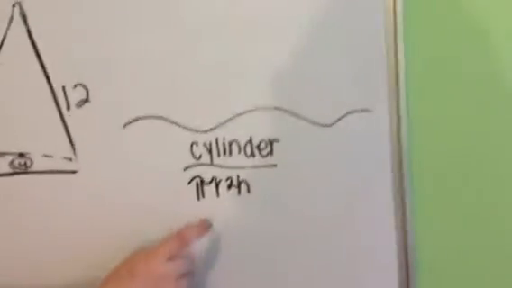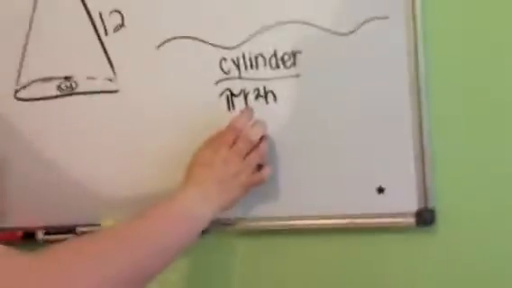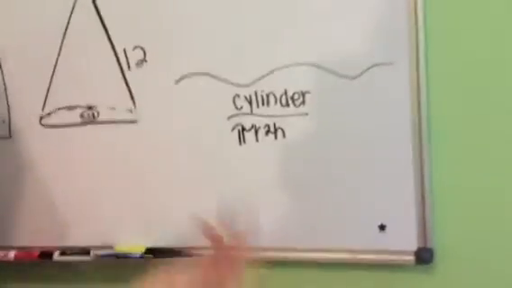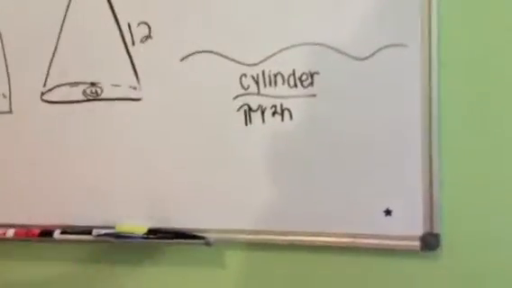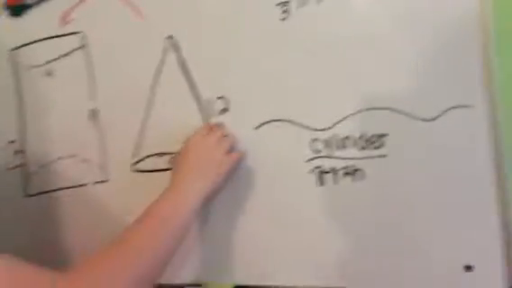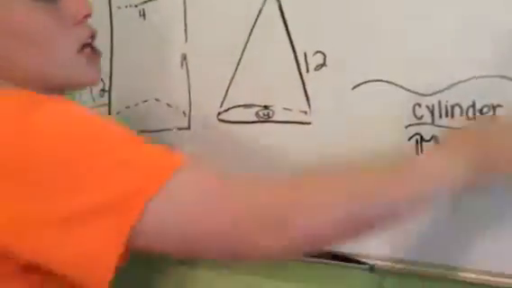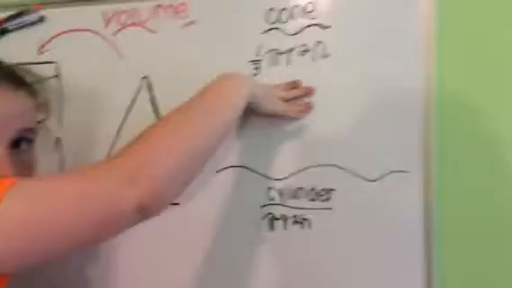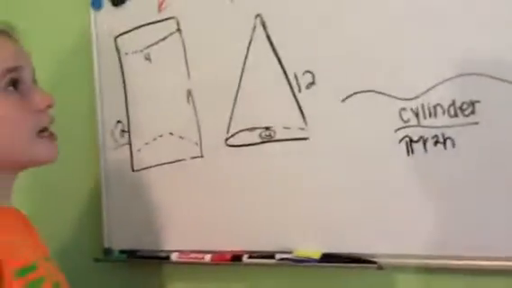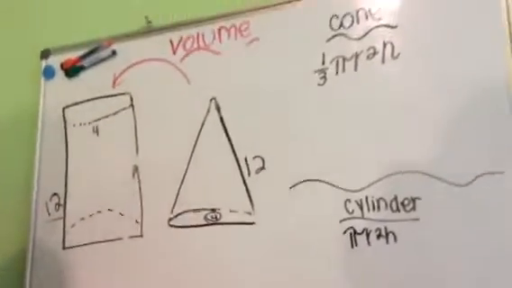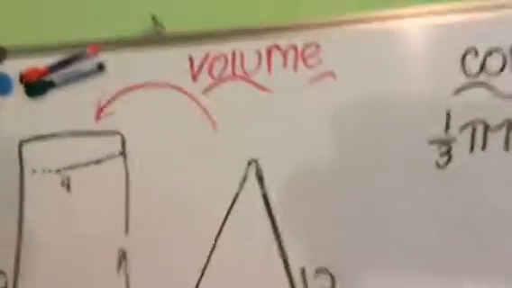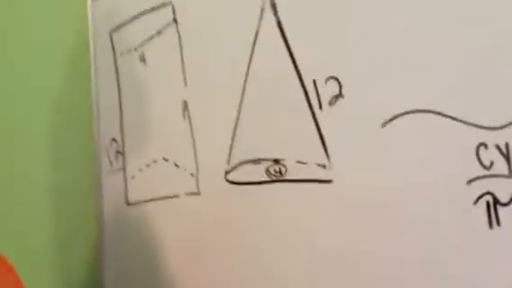For the cylinder, the pi r squared h is the same as the one in the cone. The pi meaning pi, the r meaning the radius, it's squared, and then the h meaning the 12 as the height. So over in our real-world example, we demonstrated that 3 cones could fit into 1 cylinder, which also means that 1 cone equals 1/3 of a cylinder.